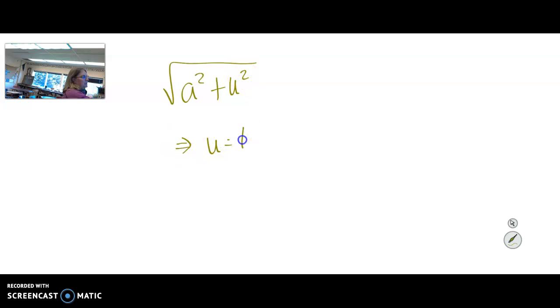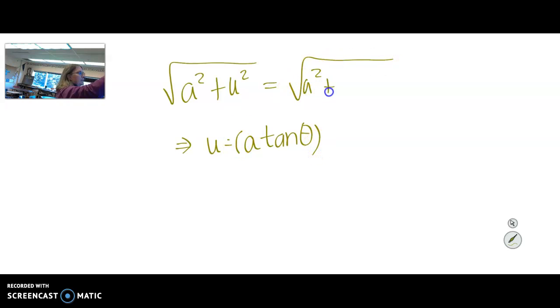So u would equal a tan of theta. And replacing u up here with a tan of theta, you're going to end up with a squared plus a tan theta squared, so square the a, square the tangent.